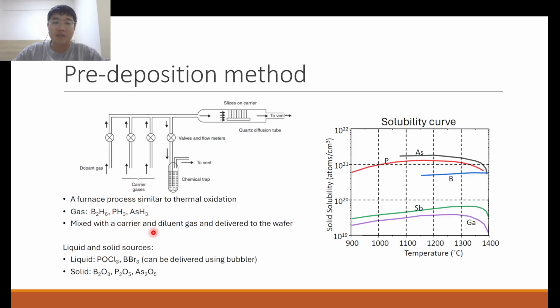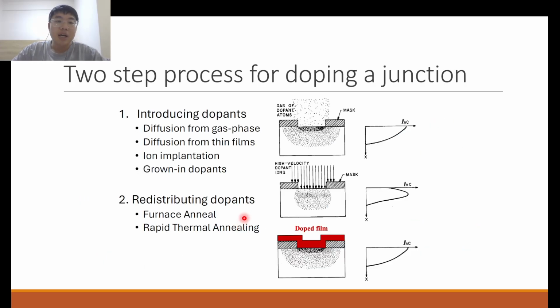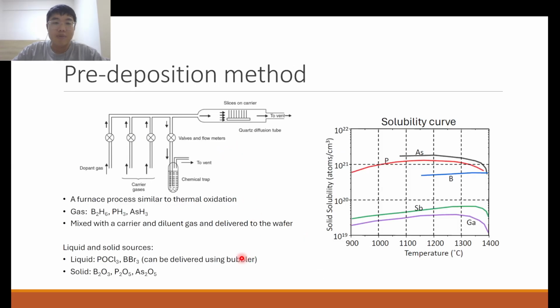Normally it's also mixed with other diluent gases that are somewhat inert in a certain environment and is delivered to the wafer. However, as mentioned before, we can also do the diffusion from a thin film. You can pre-deposit a thin film first that's rich in the dopant atoms. Examples include solid oxides of boron, phosphorus, arsenic, but it can also be a liquid layer, like POCl3 or BBr3.